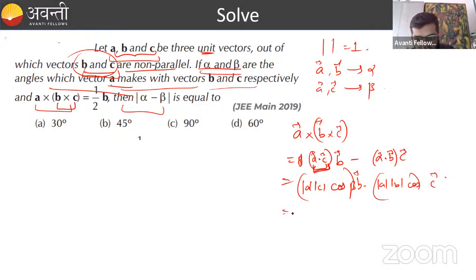So this will be cos beta b bar minus cos alpha c bar, and this is given to us as half times b bar, right?